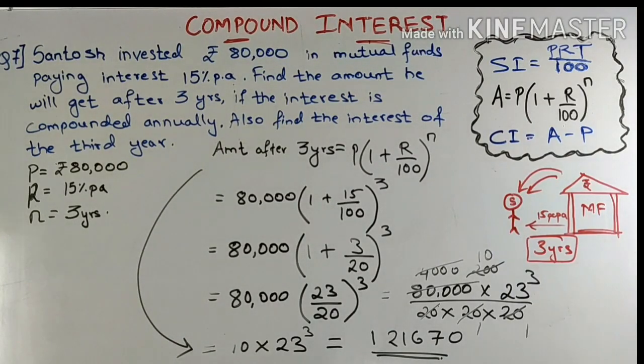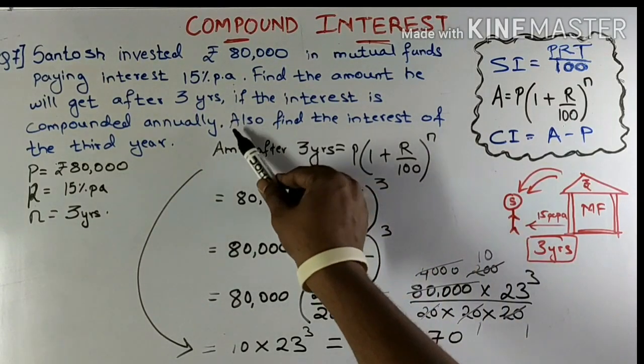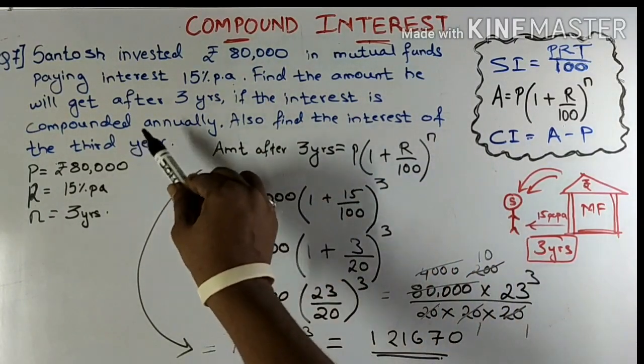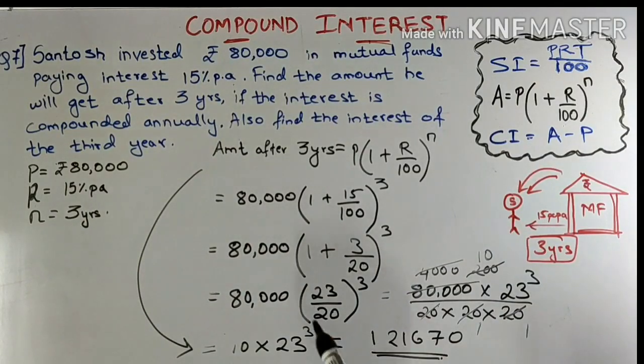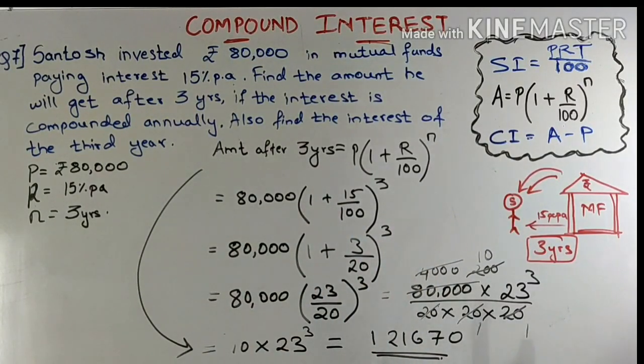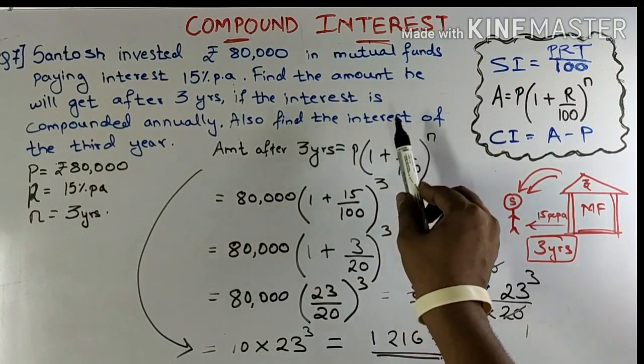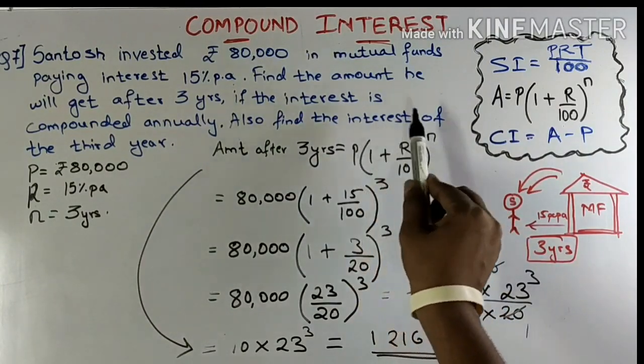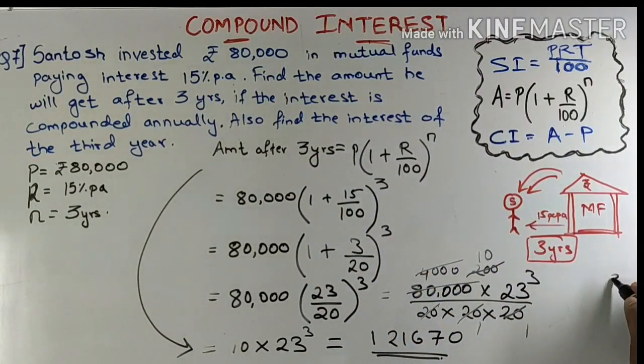Okay, now the second half part of the question is also find the interest of the third year. So if you understand it properly, this amount is of all the 3 years, and the question is to find the interest of only the third year.